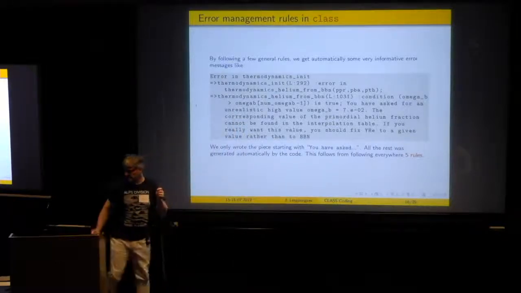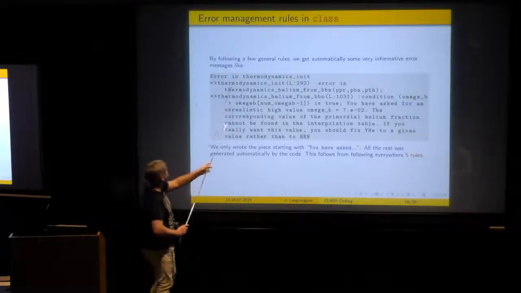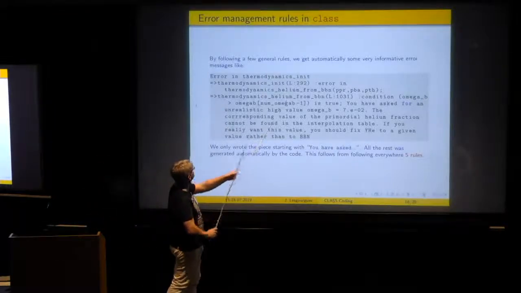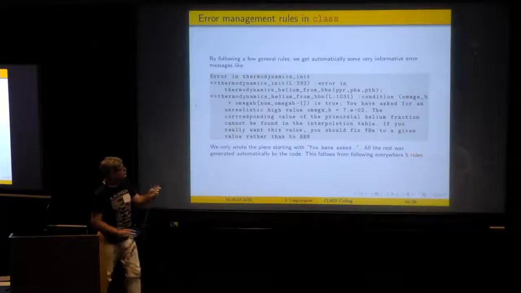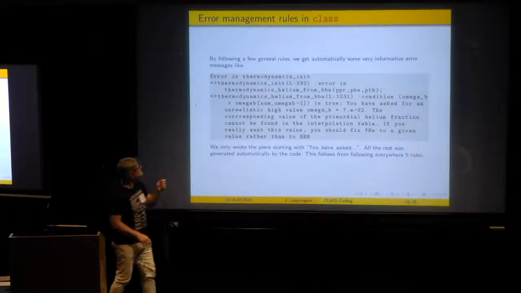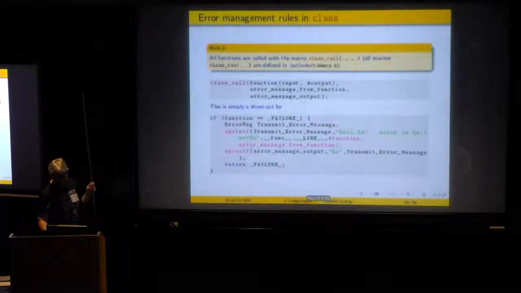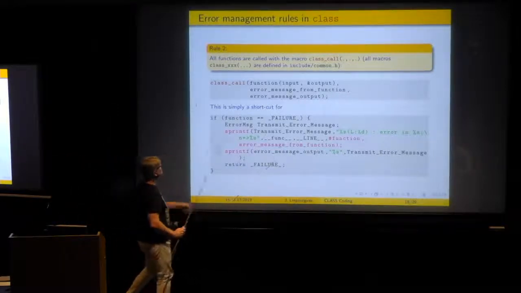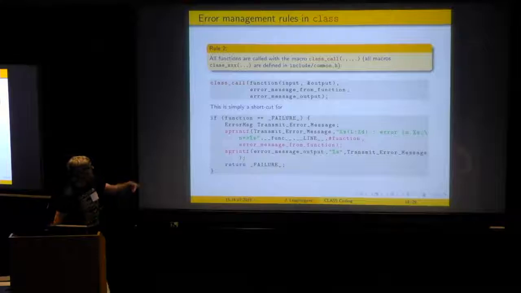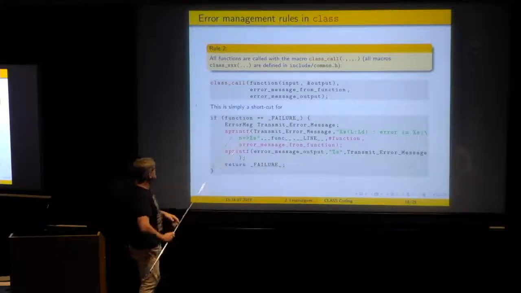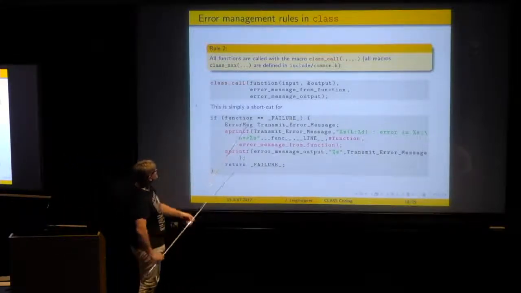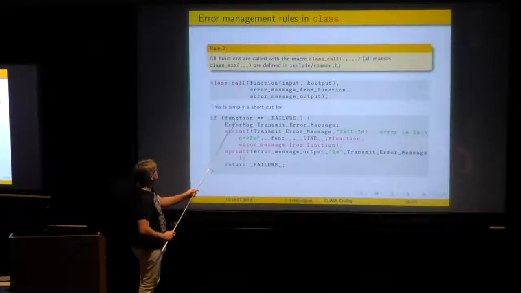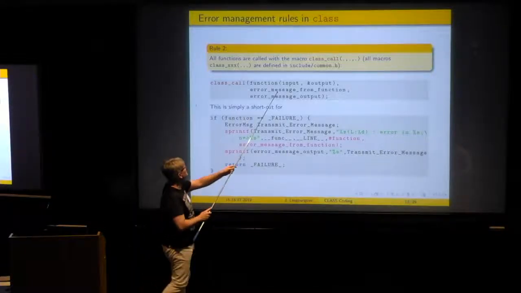The goal is to say in which function and which line the error occurred, and to which function this line belonged. Okay, so let's not go into the details of this, but you just have to understand that the macro here, or these lines of code, are going to write the error message written by this function in this field.